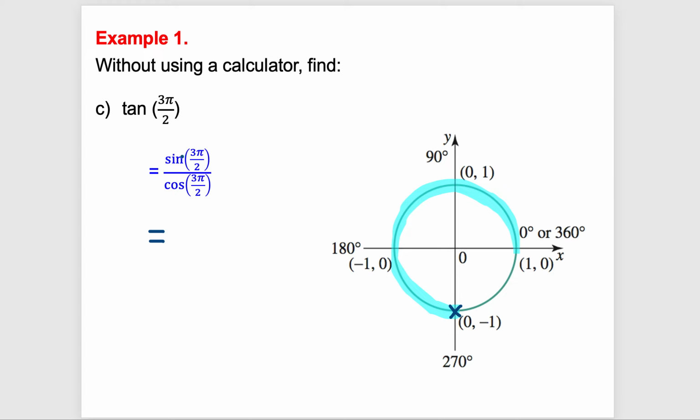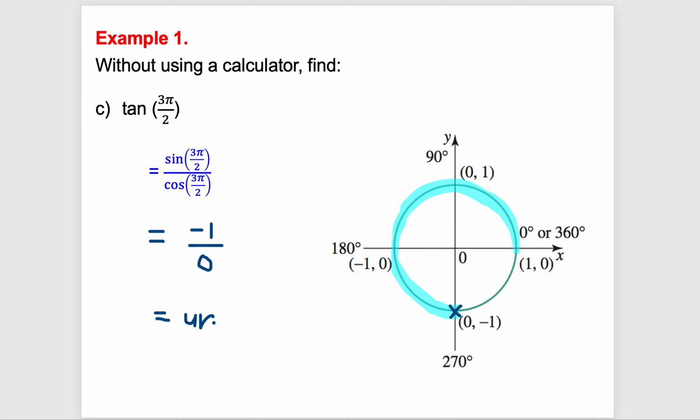Sine is the numerator, sine's on top here. So sine comes from the y value, which is -1. Cos of 3 pi on 2 comes from the x-coordinate at this position, which is 0. And of course, anything divided by 0 is going to be undefined. So for tan of 3 pi on 2, we actually get an undefined result.